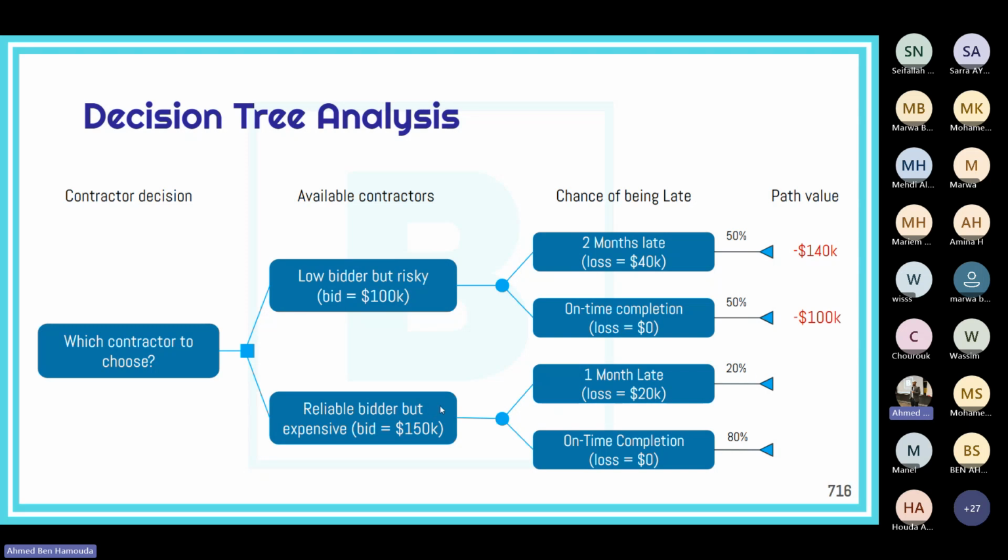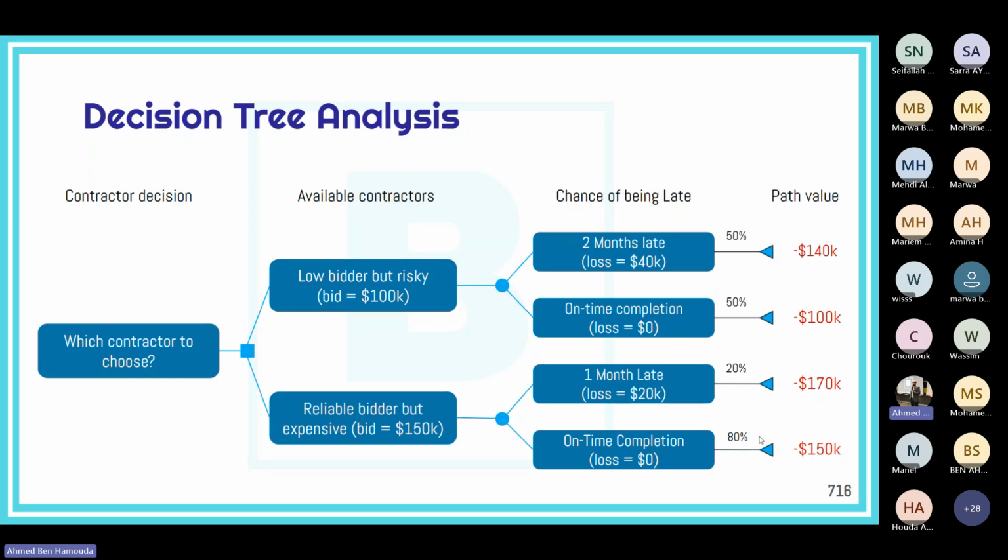For the second contractor, in case we're unlucky and we're part of those 20% who experienced a delay of 1 month on average, this path will cost us 170,000. That's 150,000 for the machine plus 20,000 for 1 month of delay. But if we're lucky and part of those 80% who got their delivery on time, this path would cost 150,000.